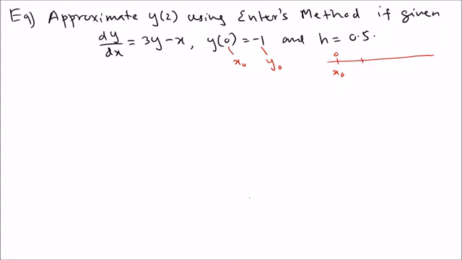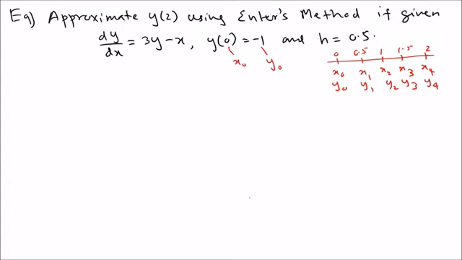So we have 0.5, 1, 1.5, and 2. So you calculate at 2. That means x1, x2, x3, and x4. Knowing x0 and y0, you want to calculate y1, y2, y3, and y4. You calculate 4 more.